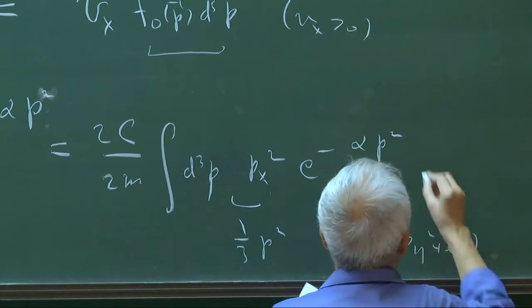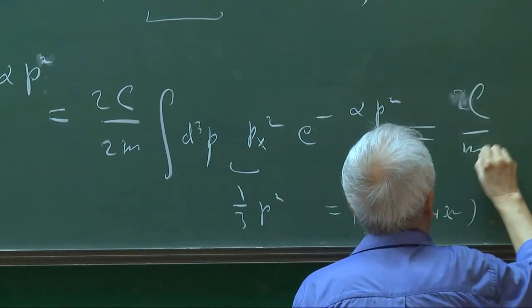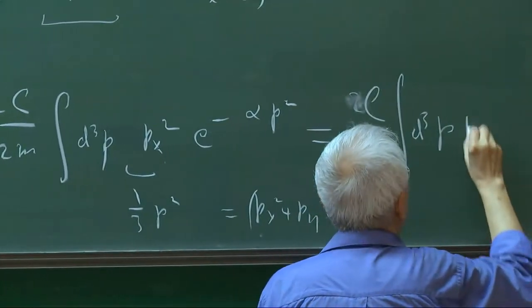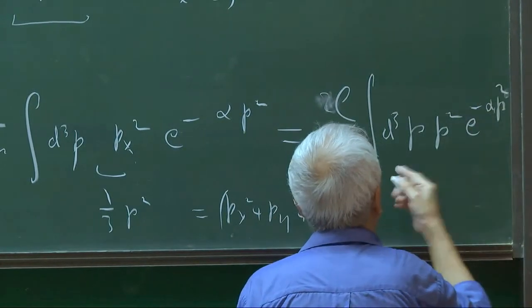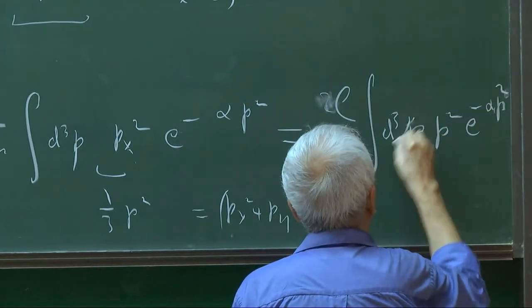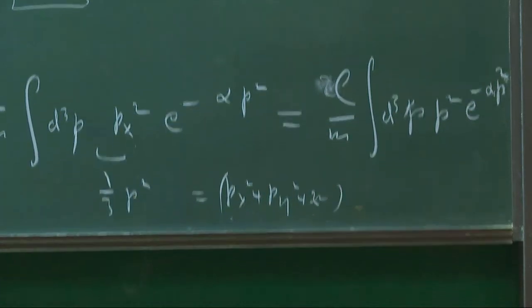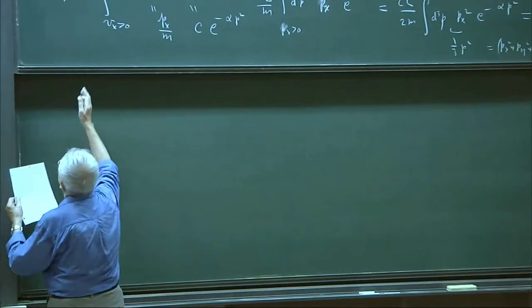With that, you have a perfectly simple looking integral: 2c over m integral d³p p squared e to the minus alpha p squared. And we have done this integral before because that's proportional to the energy.